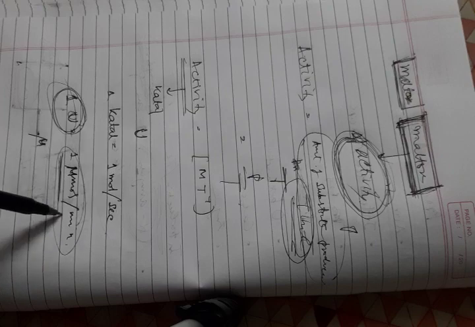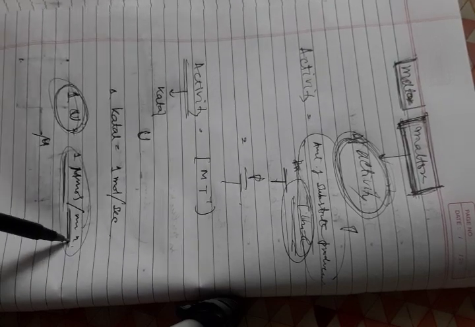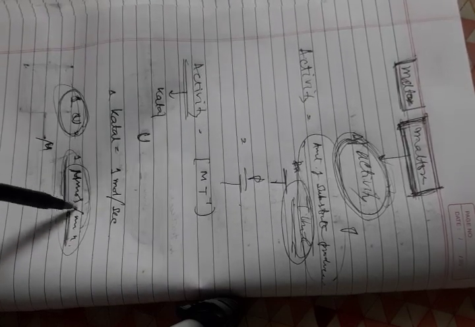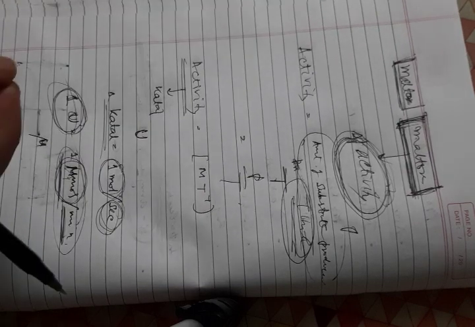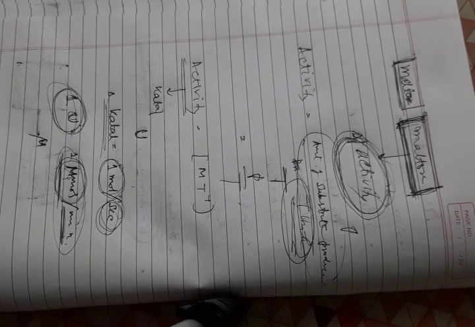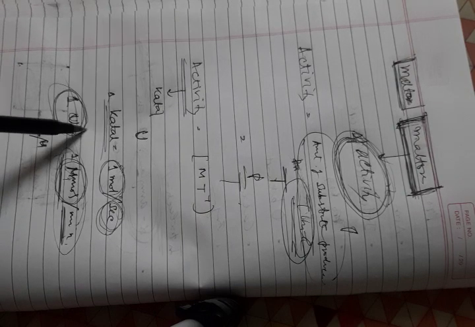That's why after 1 minute has crossed, we calculate in micromole, and when 1 second comes, we consider it in mole. So the katal is for bigger activity, when the activity of the enzyme is high, and U is used when it is quite lower.